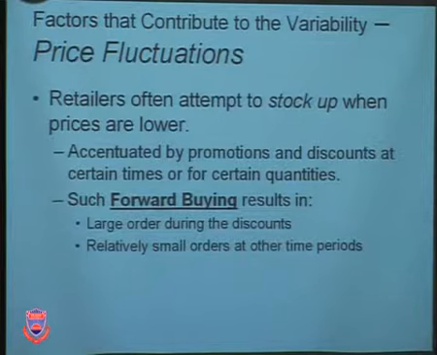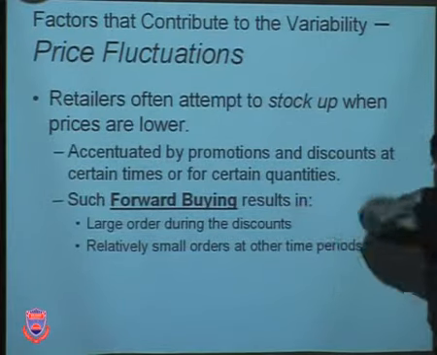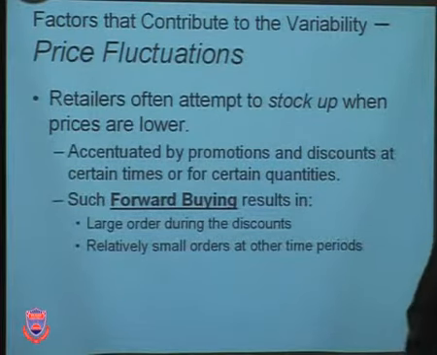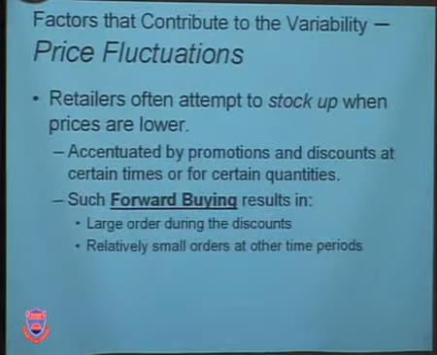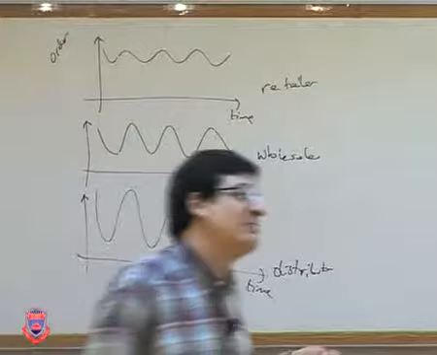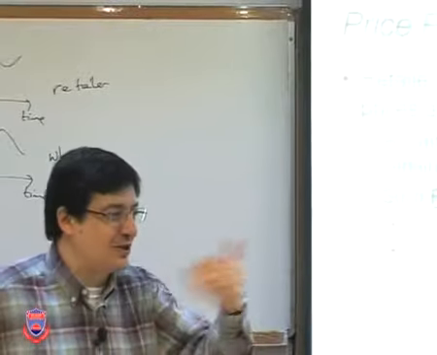Okay? So those kind of things result in forward buying. Okay? When you go to the supermarket and you are deceived when you see toilet papers in a group of 24 being sold almost 1 lira more than 12 toilet papers. Okay? So you have 12 of them being sold for 15 liras, and then 24 of them being sold for maybe 17 or 18 Turkish liras.